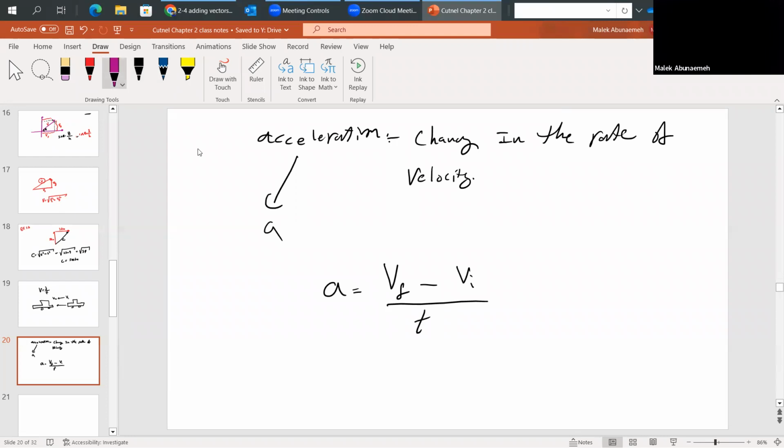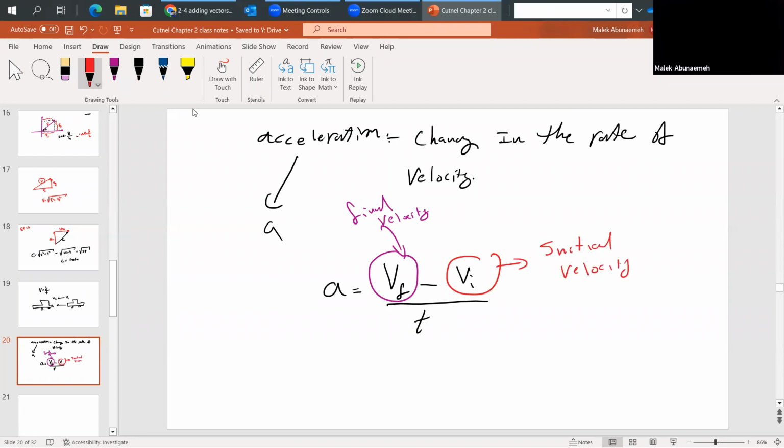So your A is going to equal your VF minus VI over T. Your VF is your final velocity that you end up with, VI is your initial velocity that you start with, and T is your time, where A is your acceleration. So your acceleration is your final minus your initial over your time.